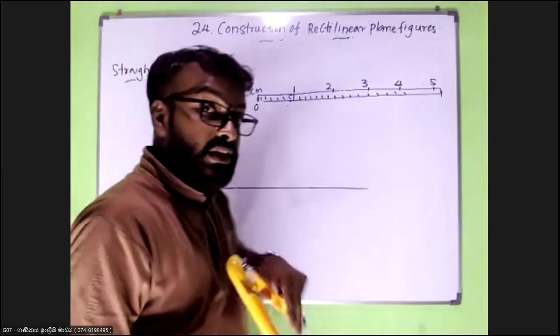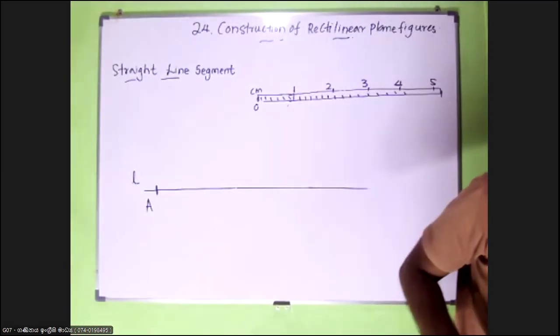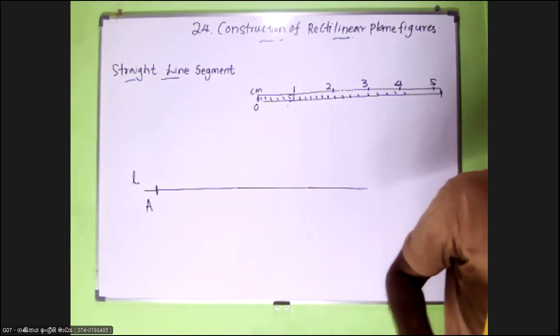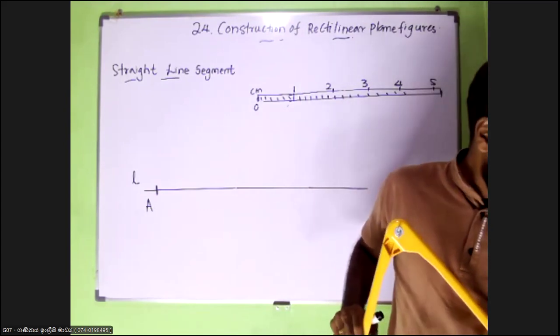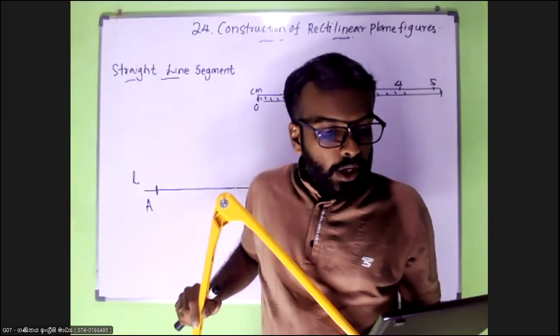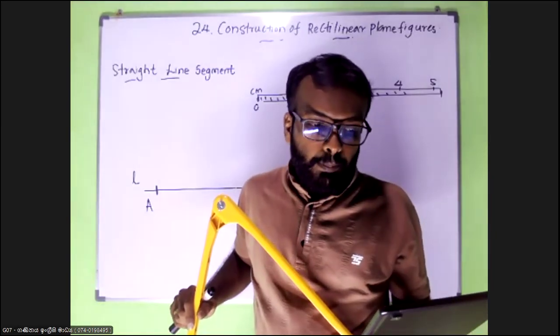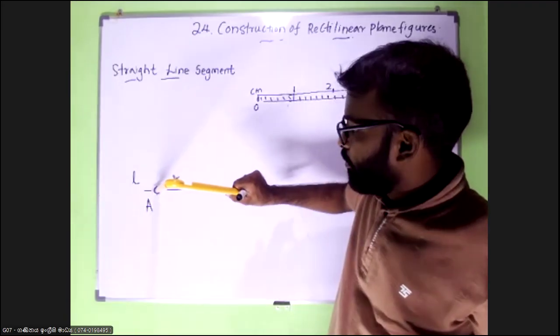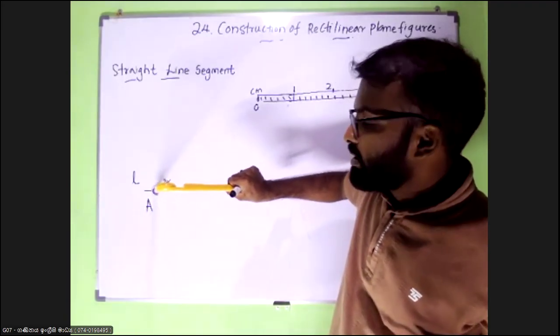So that is step number 2. Then step number 3 says, place the point of the pair of compasses on the point A, right? So here you have to place the point of the compass here.